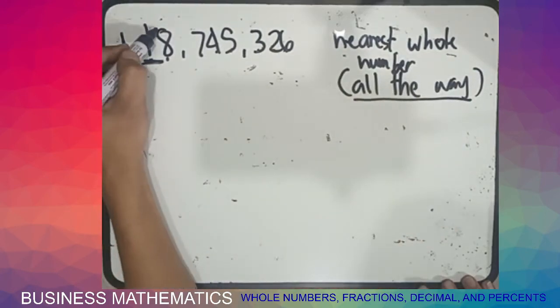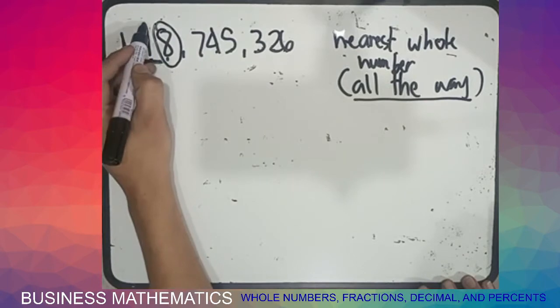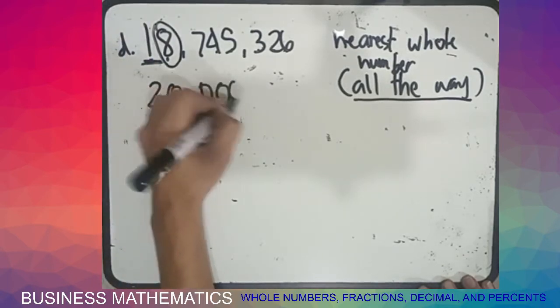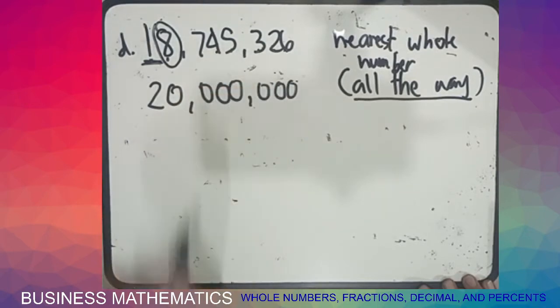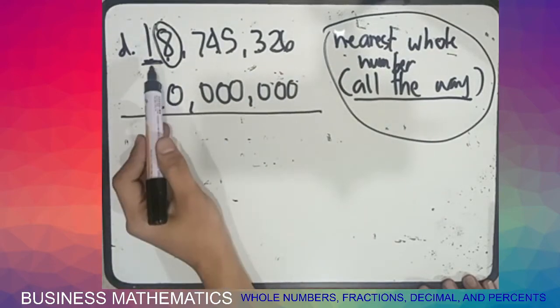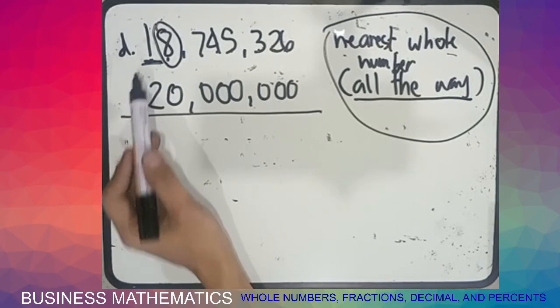So, titingnan natin yung nasa kanan. So, 5 pataas siya, di ba? So, magpa-plus tayo ng 1 dito sa 1 natin, magiging 20 million na siya. Okay? So, ganun lang yan. Kapag naka-encounter ka ng ganito, ganito ang gagawin. Yung laging nasa unahan ng numbers. Okay?